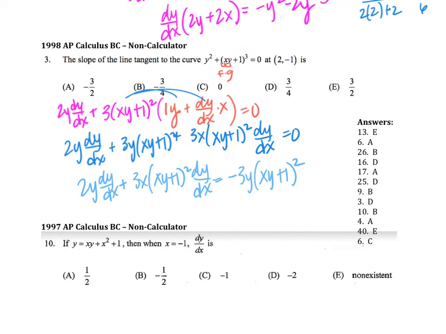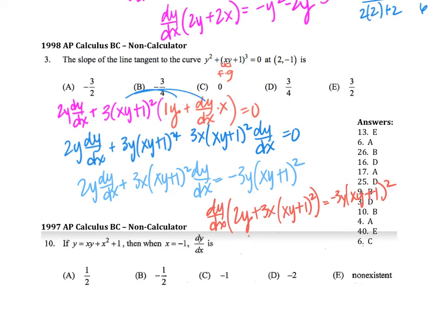Then I'm going to factor out a dy/dx: dy/dx times (2y + 3x(xy + 1)^2) equals negative 3y(xy + 1)^2.